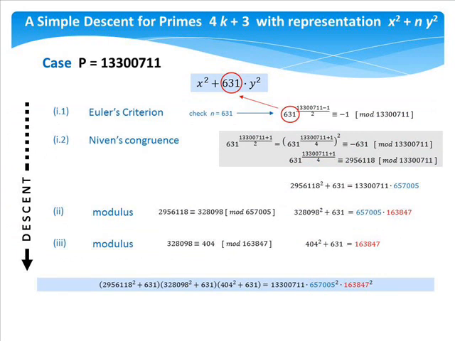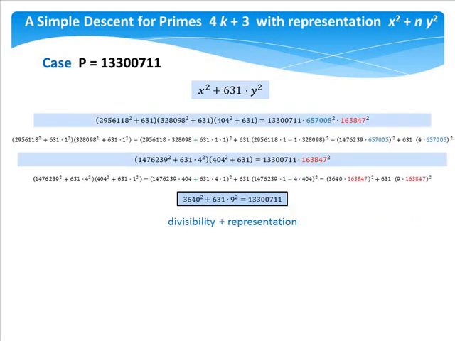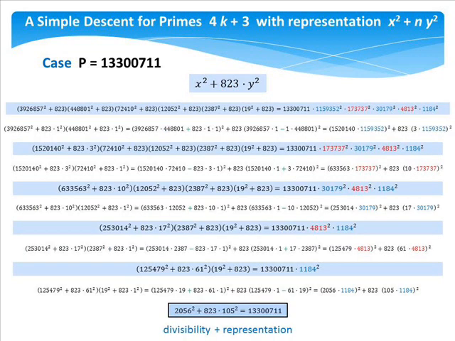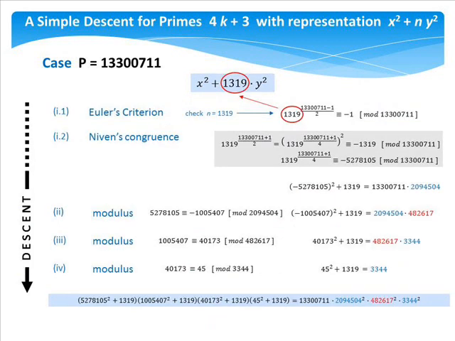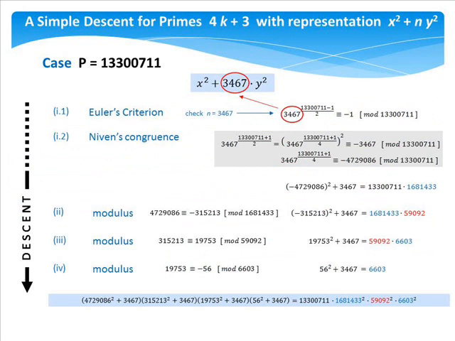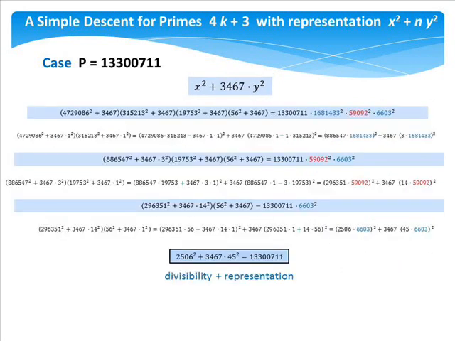We still need to examine 4 more cases, beginning with 631, which shows both divisibility and representation, 823, which also satisfies both divisibility and representation criteria, 1319, which satisfies both divisibility and representation requirements, and 3467, which also satisfies both divisibility and representation criteria.